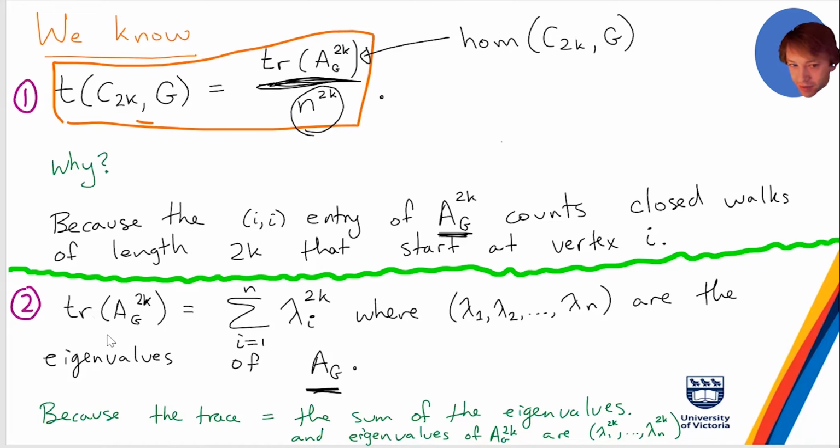To do this, we also had to say that if these are the eigenvalues of the adjacency matrix of G, then the 2kth powers of these are the eigenvalues of the 2kth power of the adjacency matrix. That was an easy thing, just using the definition of eigenvalue. So this is kind of just a recap. The reason is that the trace is the sum of the eigenvalues, and the eigenvalues of this thing are the powers of the eigenvalues of the original adjacency matrix. So this is where we were at.